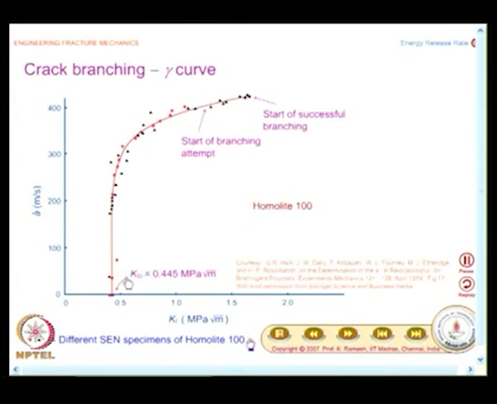The graph is represented in terms of stress intensity factor, and you find the crack starts to branch at a particular value of k, and successful branching is seen after some time. So, people have conducted experiments and verified the crack can attain only a maximum velocity. Beyond a velocity, it has to branch out.